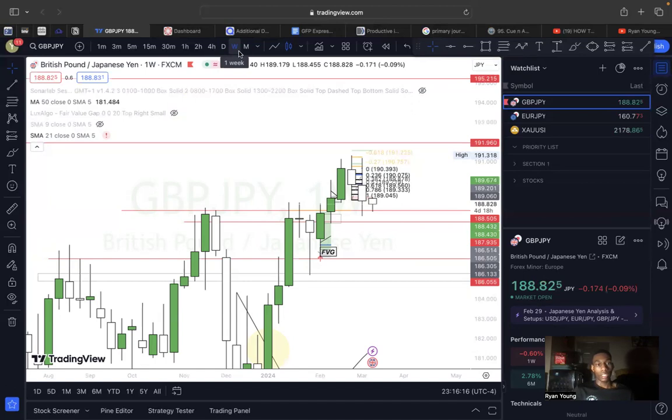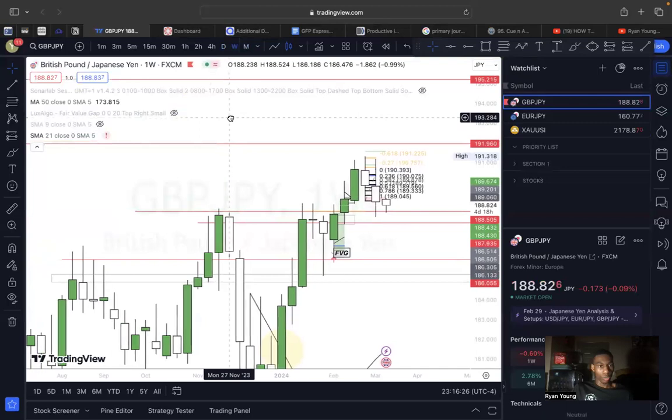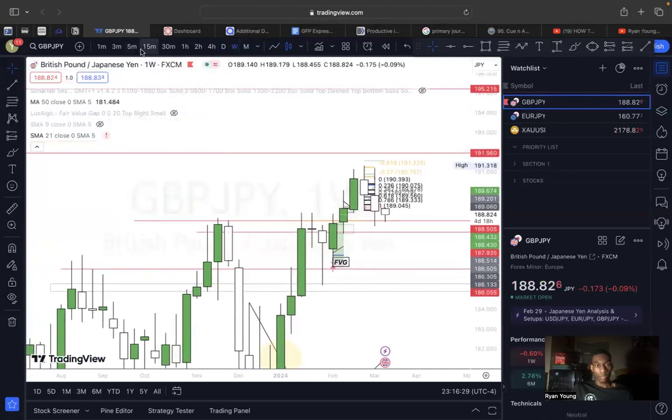I'll probably look at the 2 hour for like a second, but I'll just go down to the 1 hour, 30 minutes and down from there. I probably won't need to look into the five, maybe not even the 15, because I'm not really looking for entries right now. Right now, I'm just trying to formulate a bias and simply just mark up the charts for this weekend. That's really it.